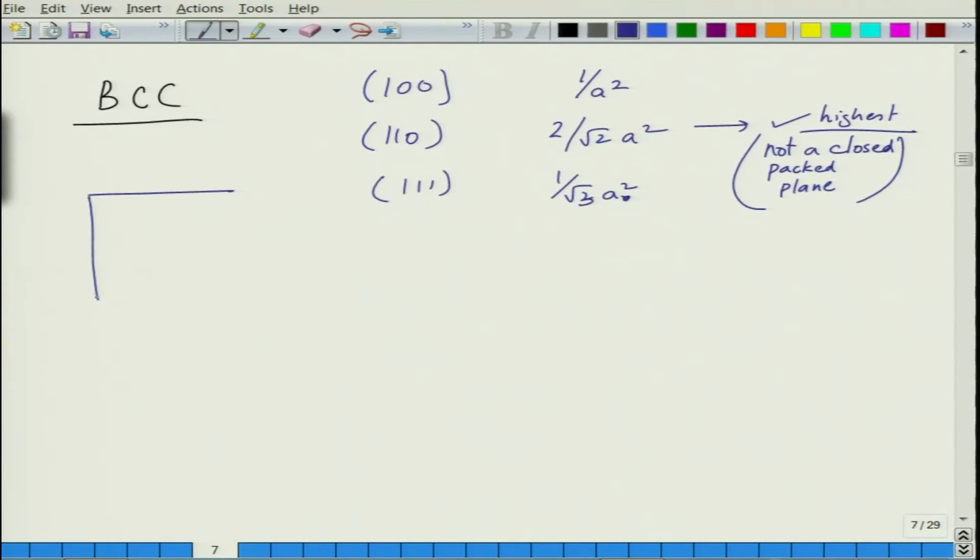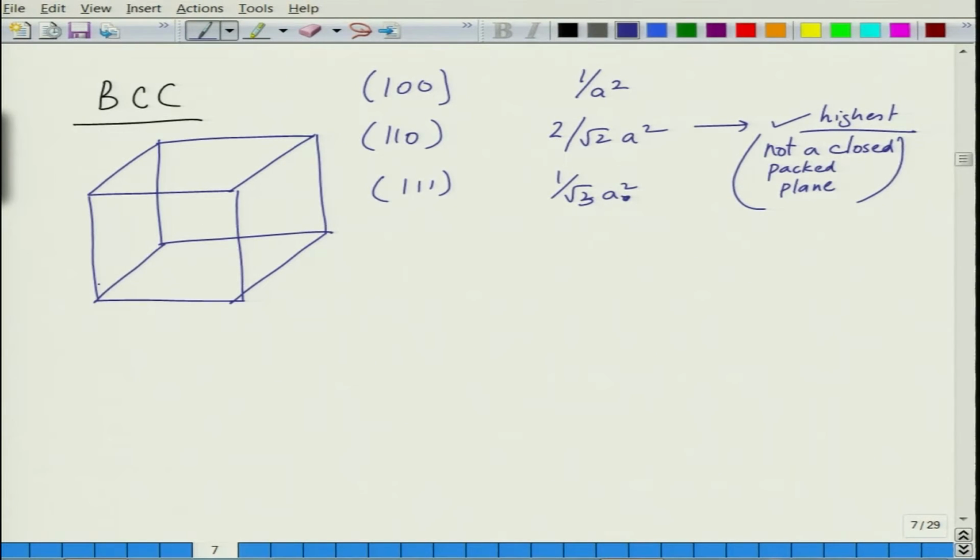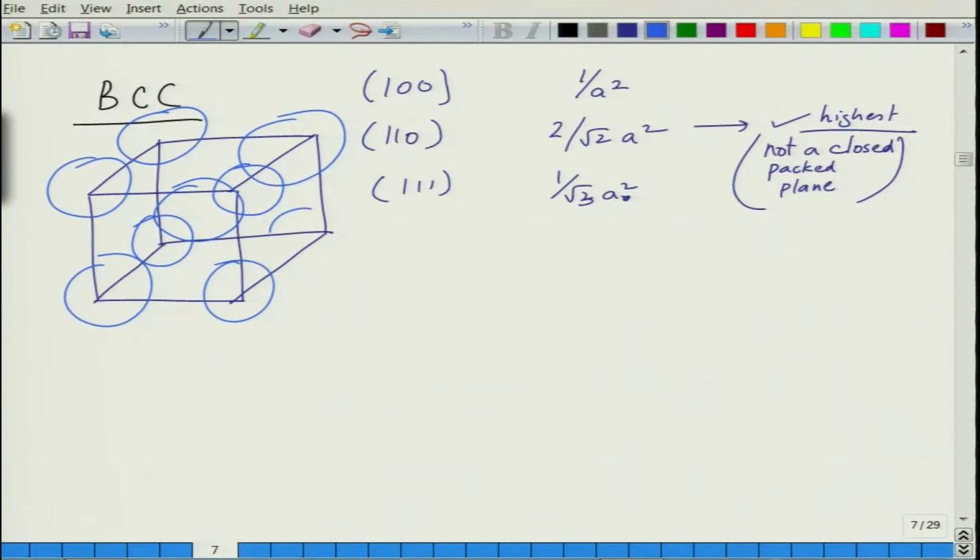So, if you look at BCC crystal, so you have an atom sitting here, you have another atom sitting here, so this atom and this atom, they touch each other. So, you can say that a root 3 will be equal to 4r, this is the relation.